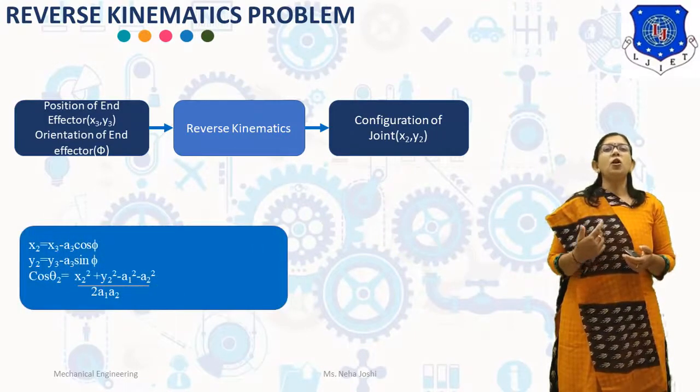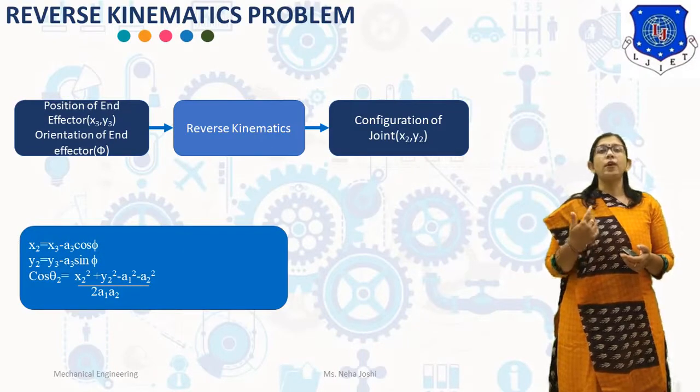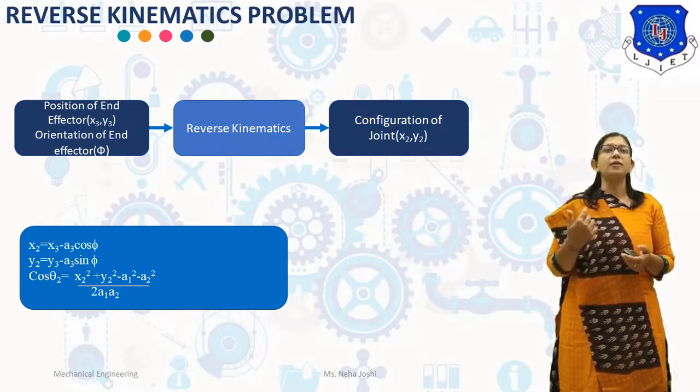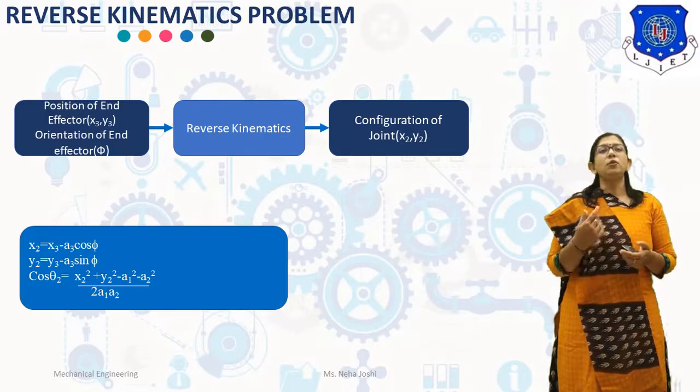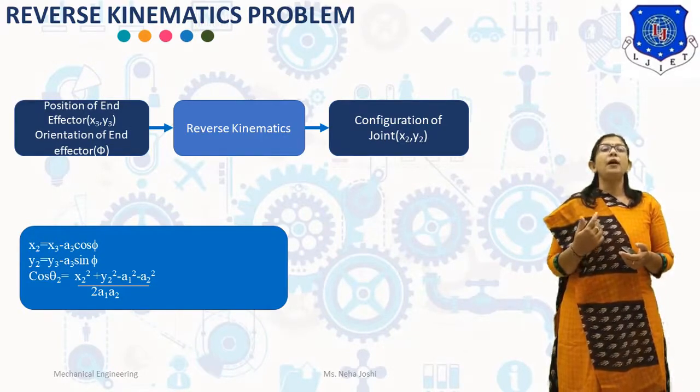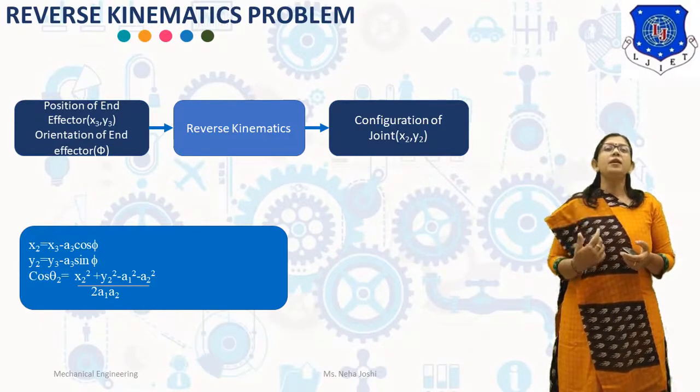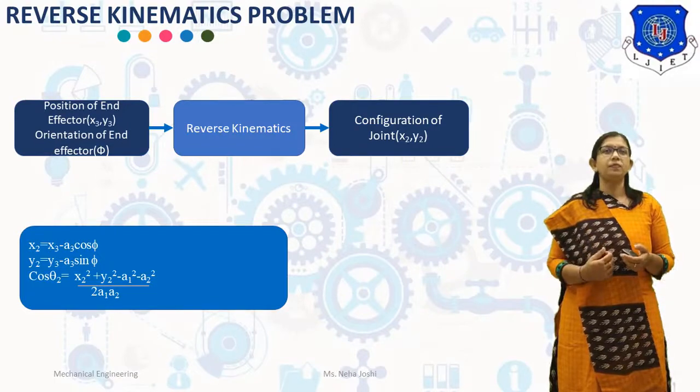The configuration of the joints and joint angles are given by the equations: x2 is equal to x3 minus a3 cos phi, y2 is equal to y3 minus a3 sin phi, and cos theta 2 is equal to (x2 square plus y2 square minus a1 square minus a2 square) divided by 2 a1 a2. Similarly, we can find x1, y1 and theta 1.